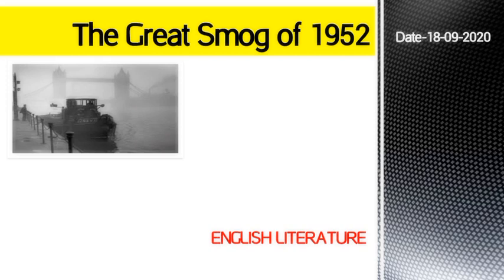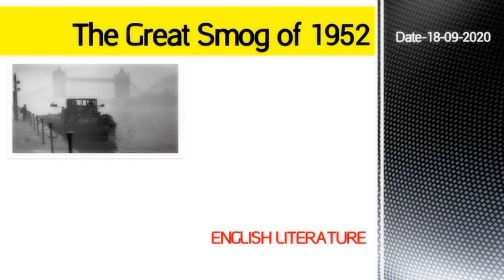In our previous class we discussed how the Great Smog began and how it started. As we know, this incident started on December 5 and continued up to December 9, so in total 5 days.